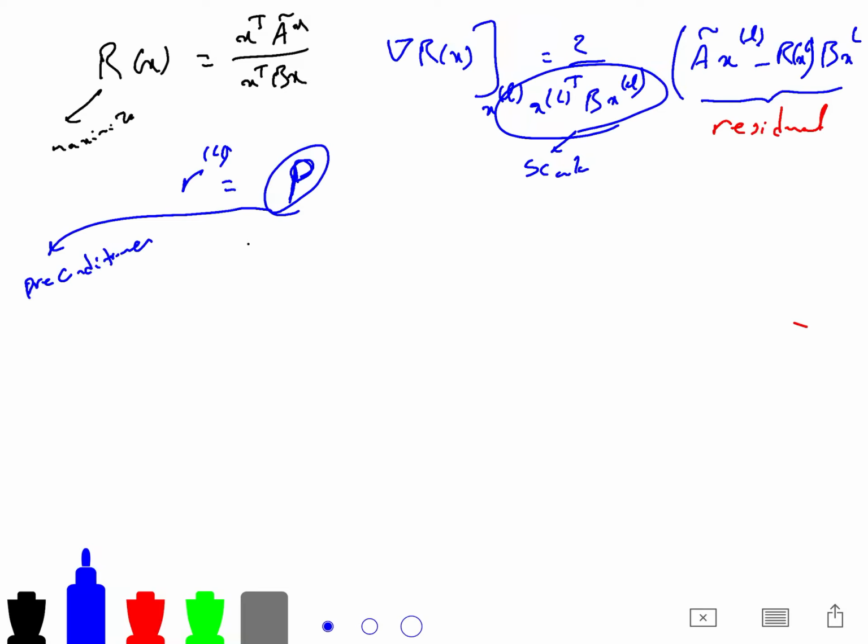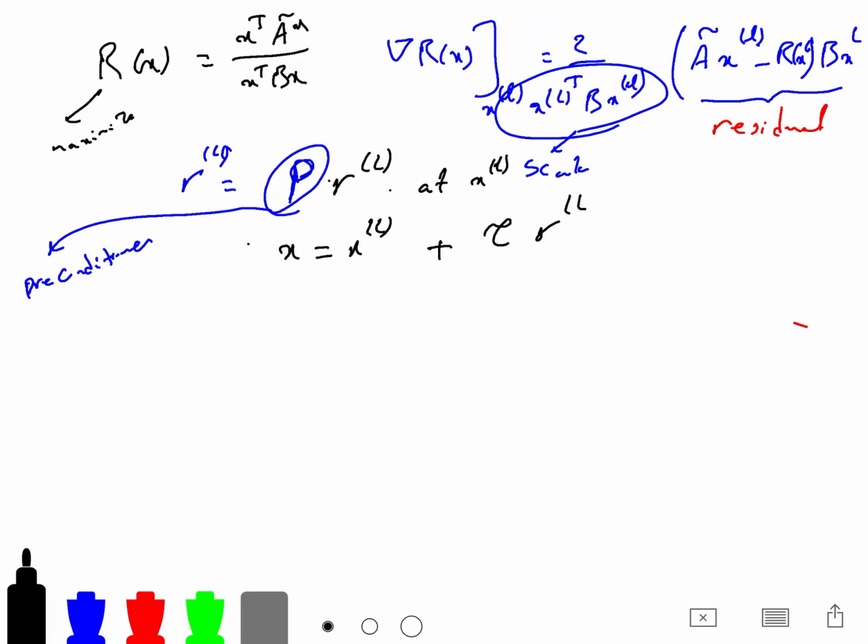So I've seen it in several places. I've seen it in aerospace engineering as well. So we use preconditioning, P r_l at x_l, and then x is equal to x_l plus tau times the direction, because it's steepest ascent. Tau is how much you want to go in the direction of r_l.